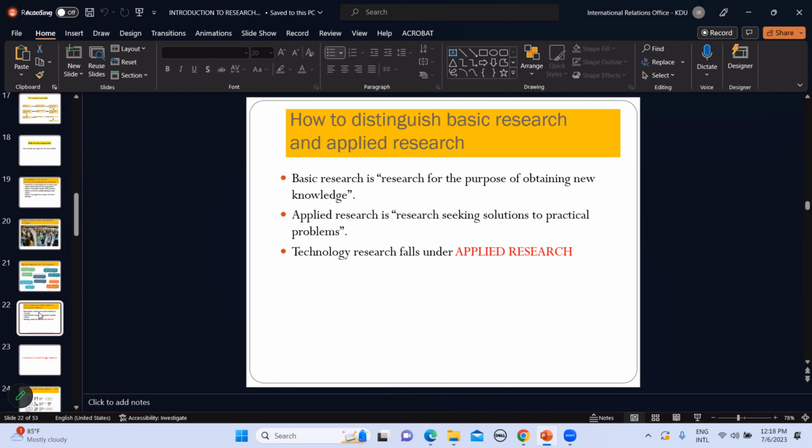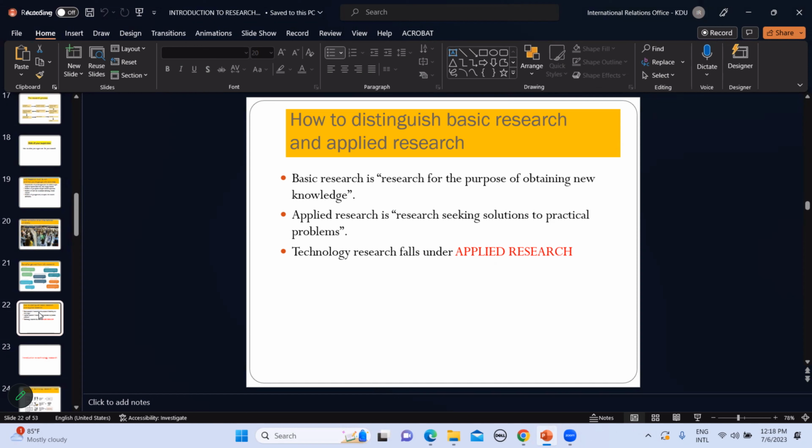Very good. And then how to distinguish basic research and applied research, okay? Basic research is scientific research and engineering research for the purpose of obtaining new knowledge. Applied research is research seeking a solution to a practical problem. For example, in the industry, they have some problem to treat textile industry wastewater.